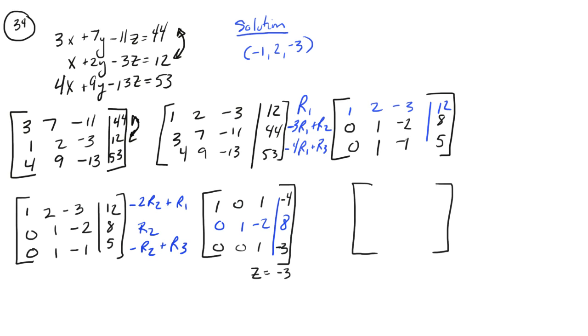So I just have to get rid of these two 1s over here. This time, I'm going to keep row 3. And let's think about this. To get rid of a negative 2, I need positive 2, so 2 times row 3 plus row 2. To get rid of a 1, I'm just going to do negative row 3 plus row 1.